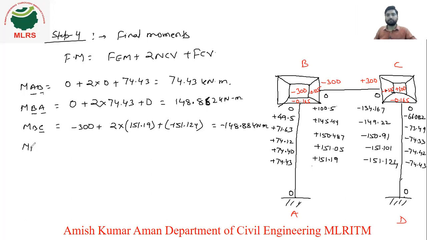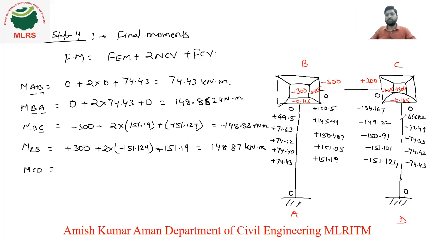Now MCB. For this, the fixed moment is 300, plus 2 into the value at C, which is minus 151.124, and at B it is 151.19. If you calculate it, you will get 148.87 kilonewton meter. Next, MCD.